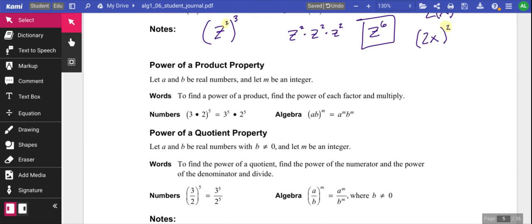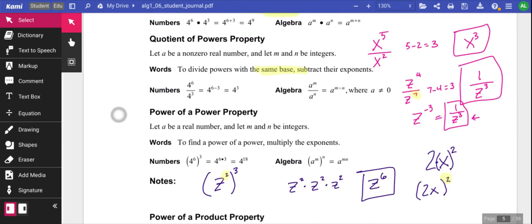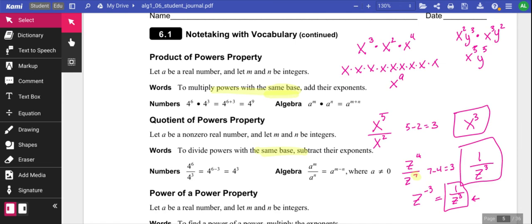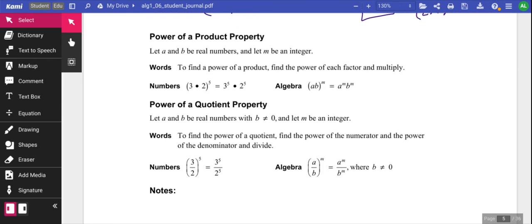Now we've got the power of a product property. For the most part, we don't use this one super often. We definitely use it, and I'm going to explain it, but everything above it, the power of a power, product, quotient, you use all the time. These two are just nice to have in your back pocket.